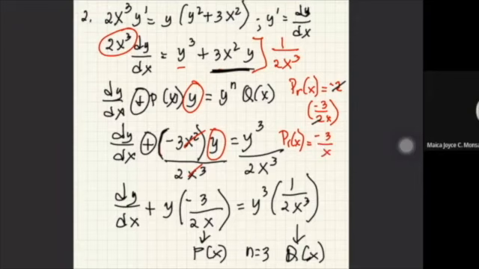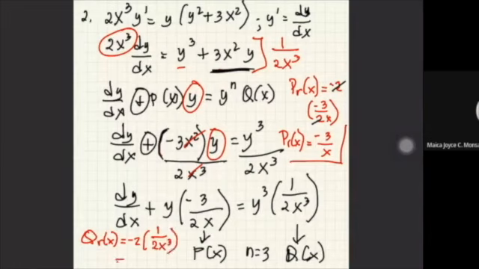That's our PR of x. Okay? Equals negative 2 ulit. Tapos, yung expression na 1 over 2x cubed. So, therefore, our QR of x is negative 1 over x cubed.